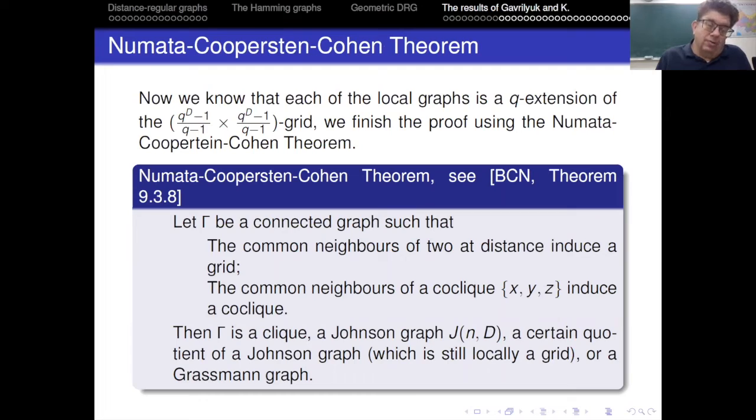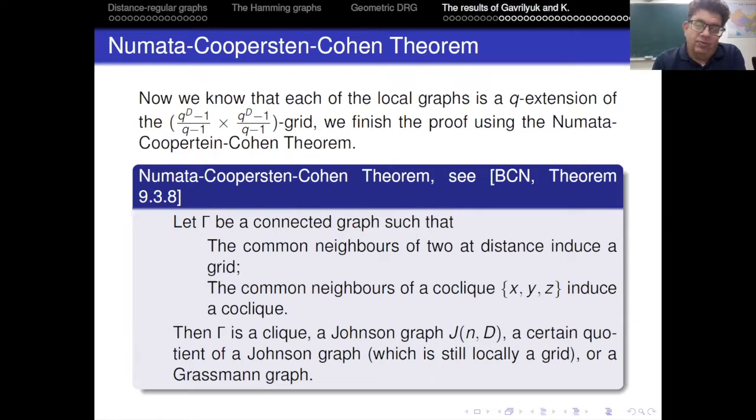So now we look at the Neumaier-Kupferstein-Cohen theorem. I'm sorry, I missed the I in Kupferstein. So now we know that each local graph is a Q-clique extension of the (Q^D minus 1) over (Q minus 1) times (Q^D minus 1) over (Q minus 1) grid.